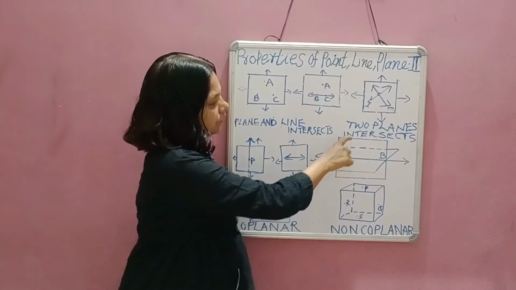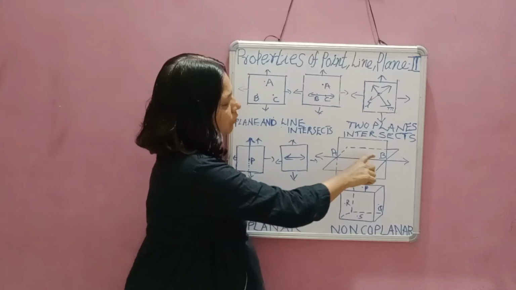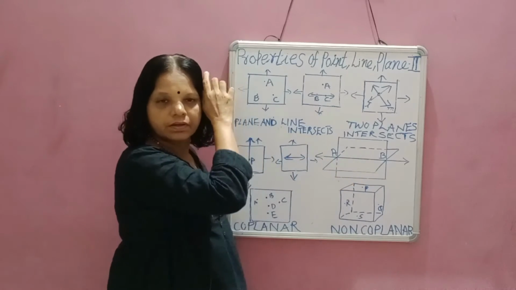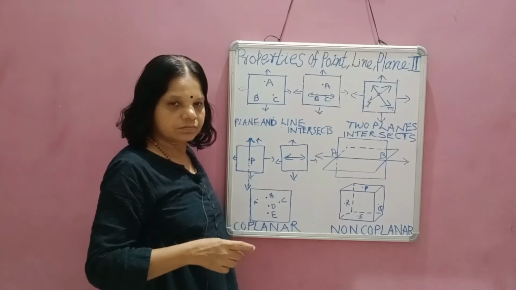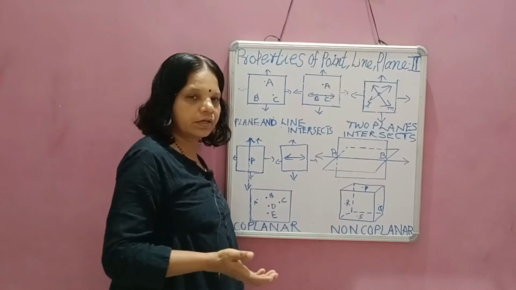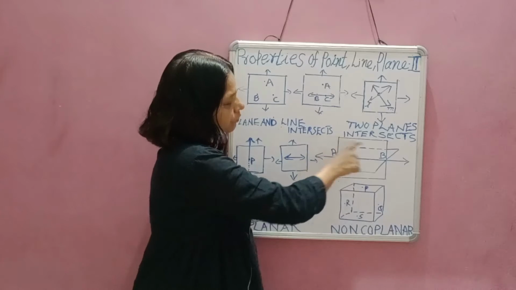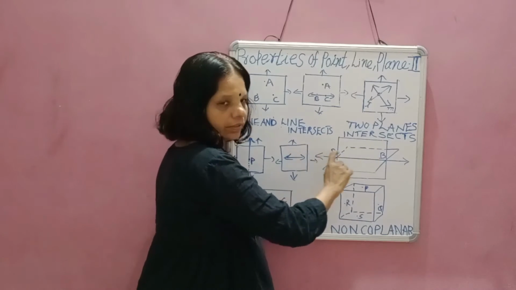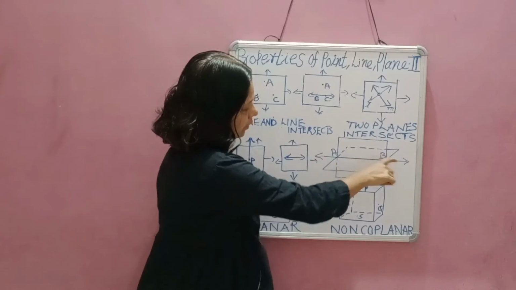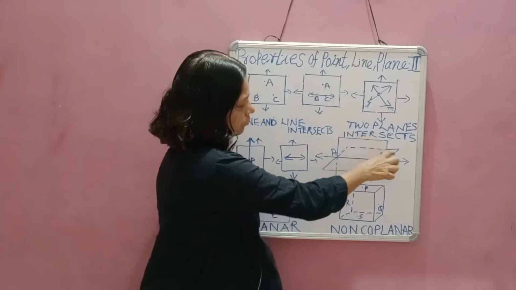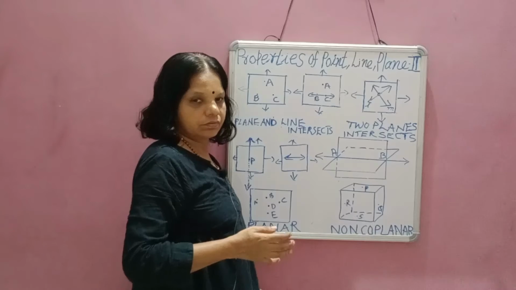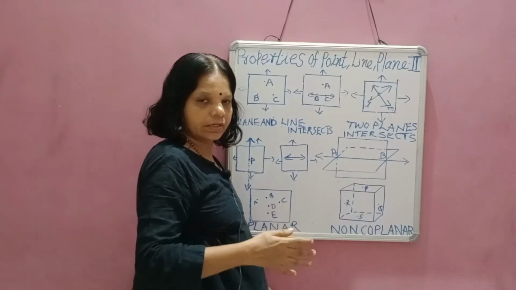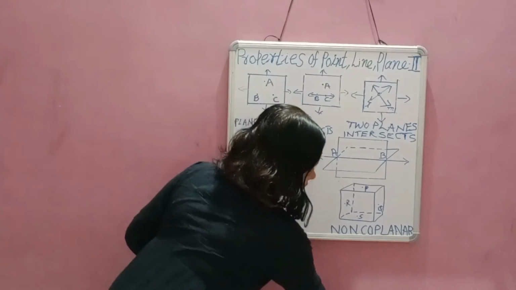Now here, the intersection of two planes. What is the intersection of two planes? It is very clear that the intersection of two planes is a line. See, line AB is the intersection of these two planes in different directions.